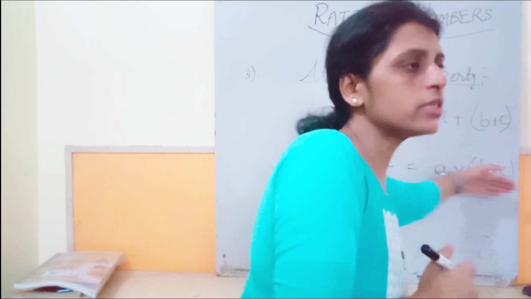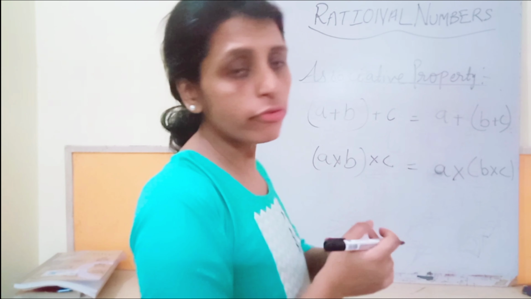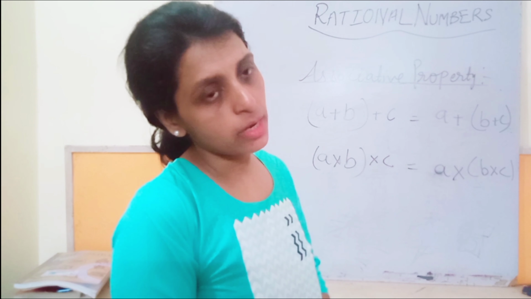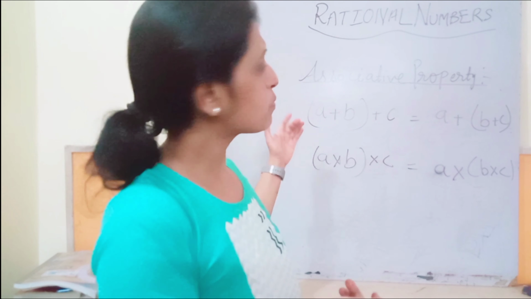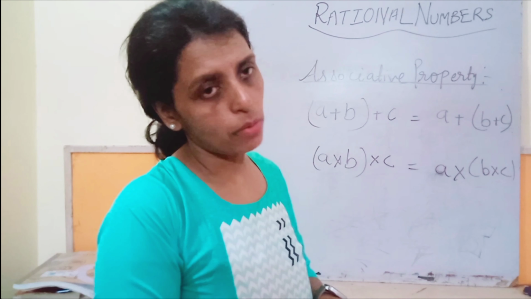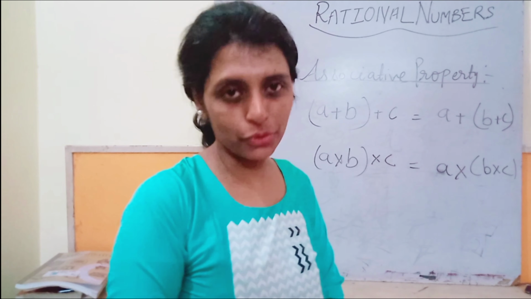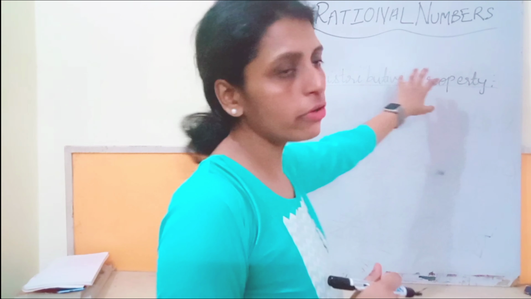The result is always the same. But children, in case of the operation of subtraction and division, as we have seen earlier, they do not hold this property. Now the next property is distributive property.